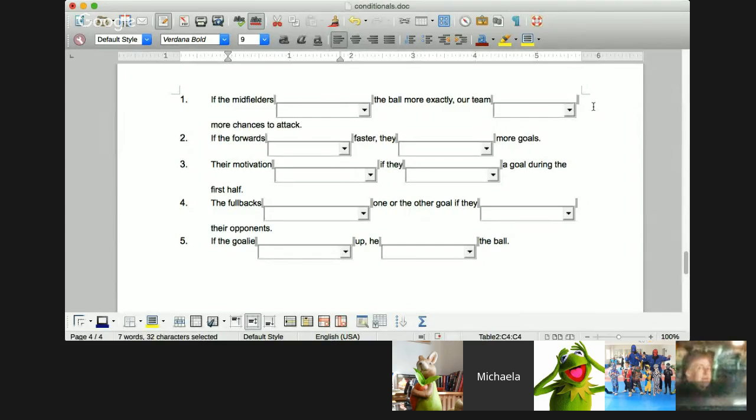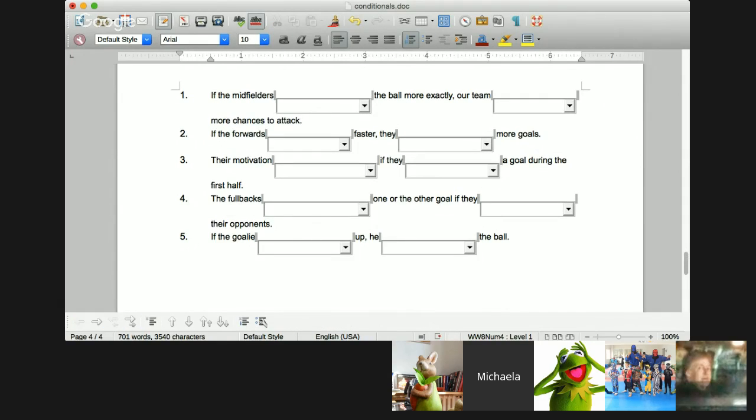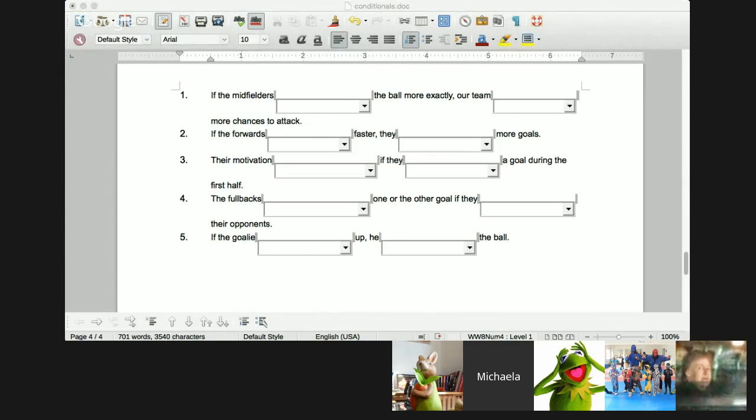Okay, perfect. That would work. If the midfielders had passed the ball more exactly, our team would have won. And there's another little piece here, but the way you wrote it is perfect. The way you wrote it is fine too. All right, number 2, Claudio.